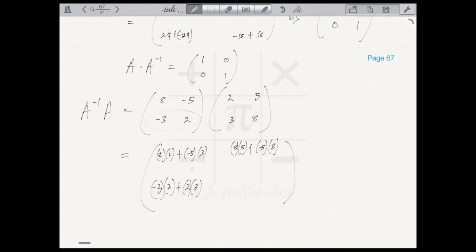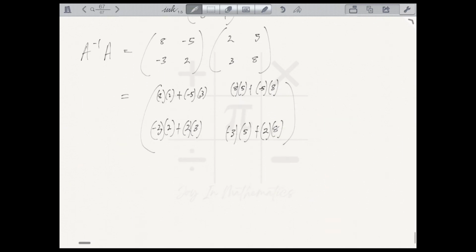And row 2, column 2: minus 3 multiplied by 5 plus 2 multiplied by 8. In simplifying this, we can see that we have 16 plus minus 15, just like we had earlier, and this is 40 plus minus 40.